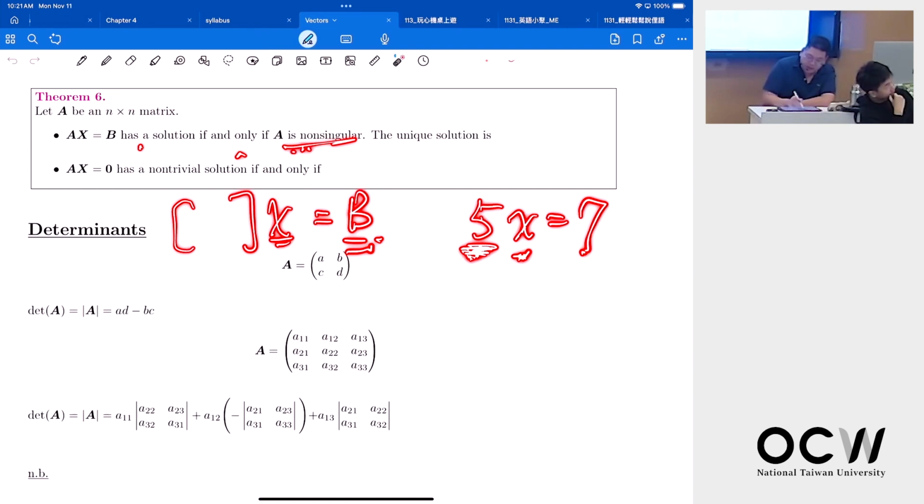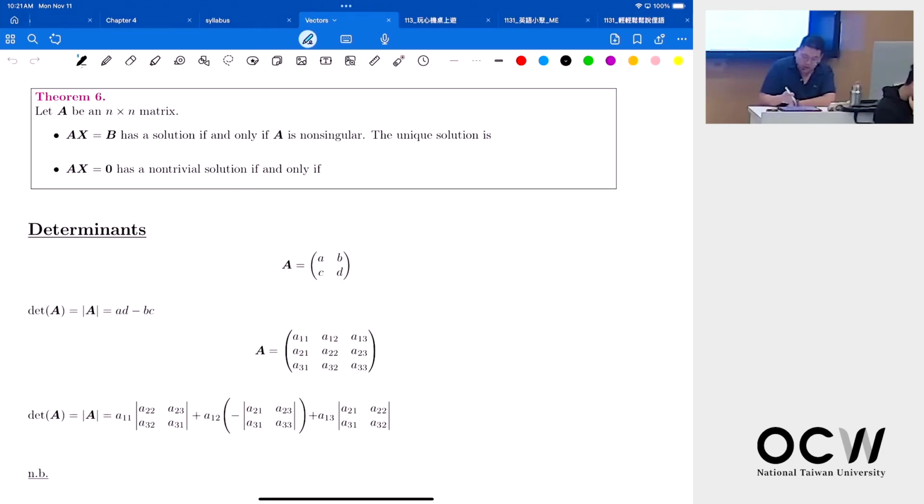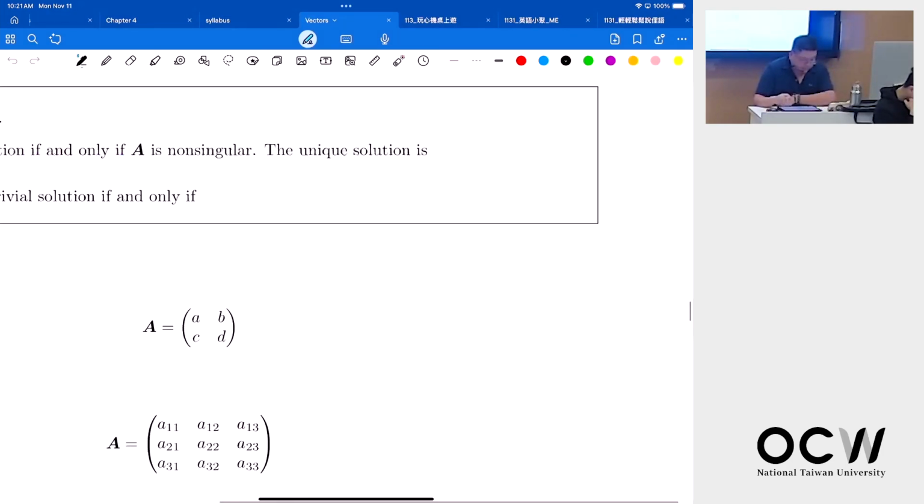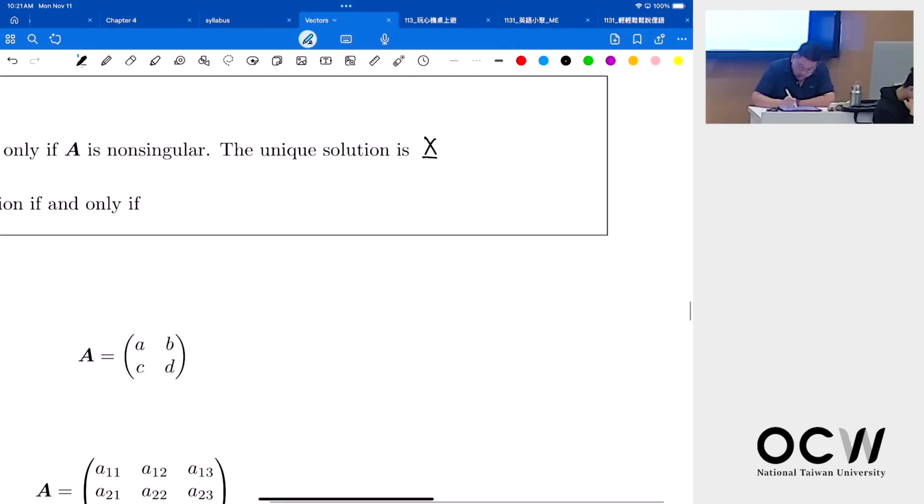And A is not singular means that I can write an inverse of A. I can have A inverse. So the unique solution is x equals A inverse b.